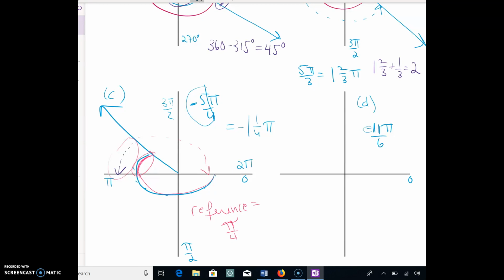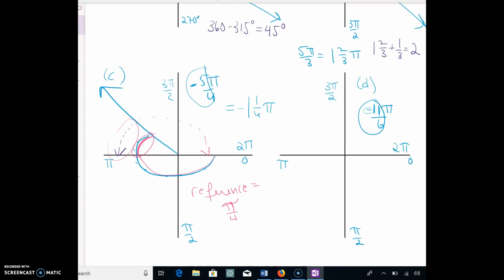So here's 0 radians, here's pi over 2, here's pi, here's 3 pi over 2, and here's 2 pi. Also notice that I have an improper fraction, so we can turn that into a mixed number. Negative 11 over 6 is the same thing as saying negative 1 and 5/6 of a pi. So I have to travel 1 and 5/6 of a pi in a clockwise direction. Here's 1 full pi, and 5/6 more is going to take me right over here into quadrant 1.